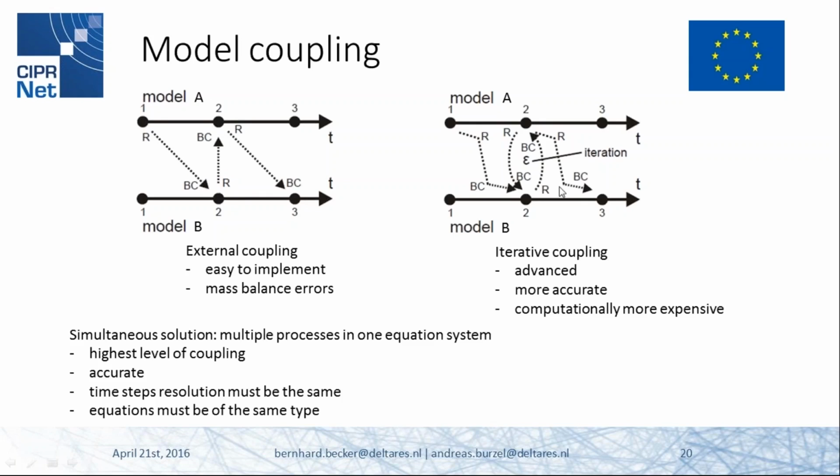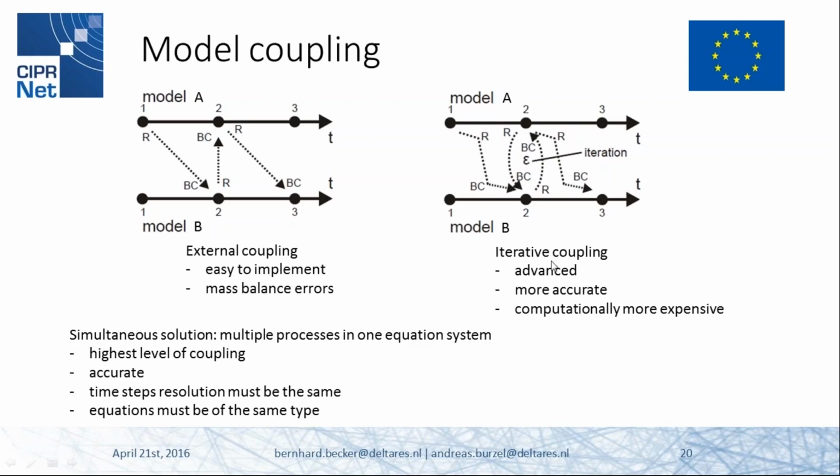And to overcome this problem, it's possible to apply iterative coupling, and this would mean that we use the results as a first guess for model B in this case. Then the results are provided to model A, and model A computes results, and these again are used as boundary condition for model B for time step 2, and we continue this iteration loop until an accuracy criterion is fulfilled.